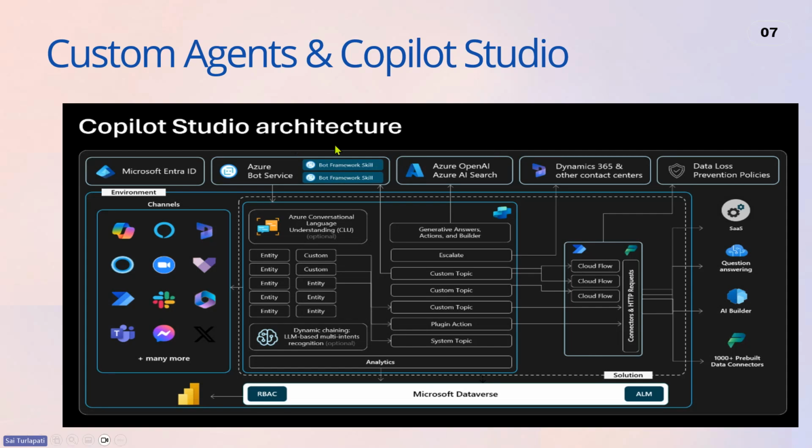From Copilot Studio, we can select any of the large language models, whether it is ChatGPT like GPT-5, or Google Gemini, or Anthropic or Meta. There are different large language models being published every day by different organizations.